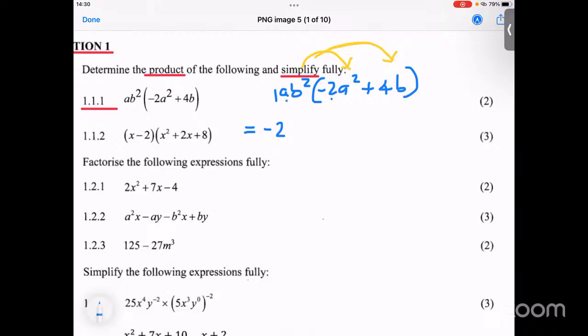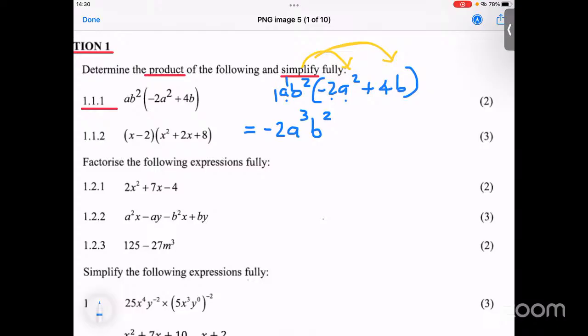You are having A multiplying the A. How many A's are we going to have? It is going to be 3 of them because it is that invisible 1 added to that 2 because we are multiplying the same base. But this one of B squared, we just write it as it is because there is no other B to add to that one for the first term inside the brackets.